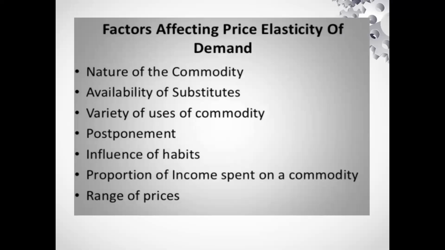Nature of commodity, since it depends upon the types of product. If it is a product which is essential for the day-to-day survival of the business or of life, whatever price it may be, we won't bother about the price, whether it increases or decreases, we will purchase it.